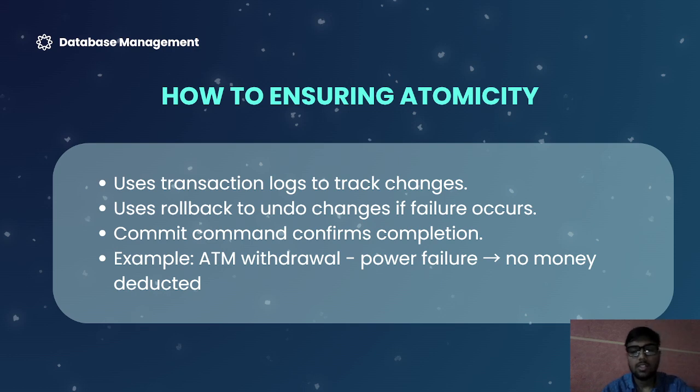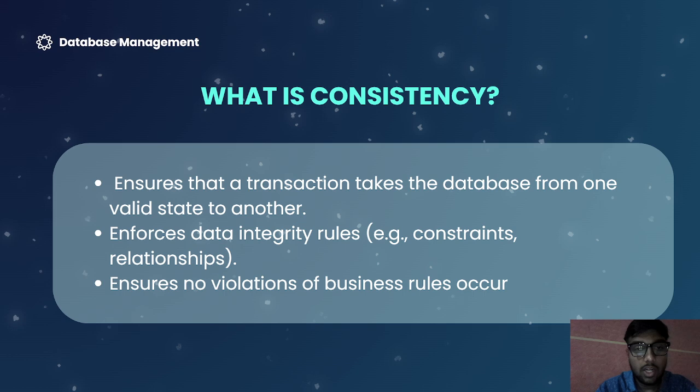Okay, so now let's talk about consistency. Consistency means that after any transaction, the database should be in a valid state. No weird errors, no missing data, no rule broken. It ensures data follows integrity rules like primary and foreign keys, unique constraints, and relationships between tables.